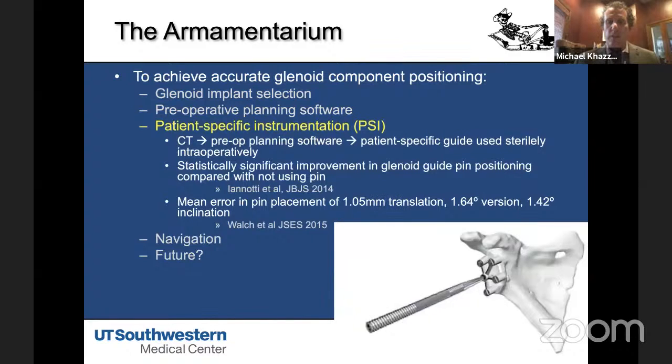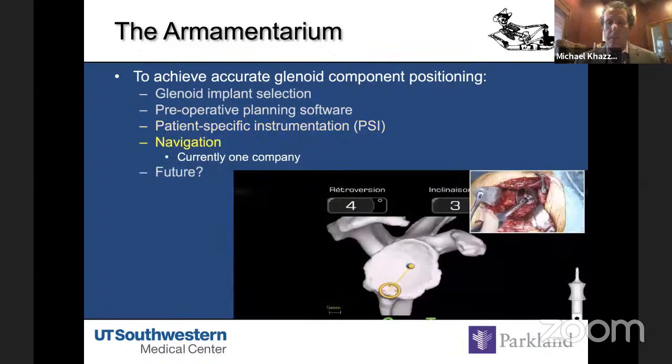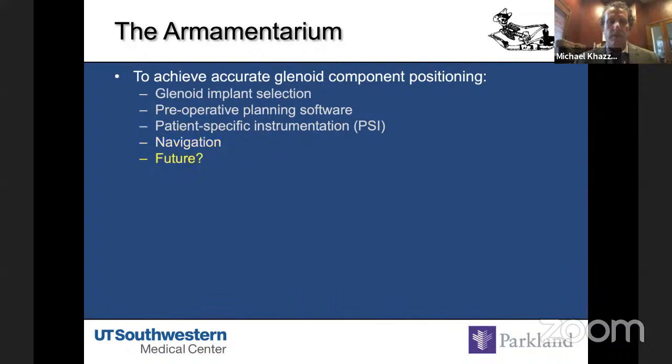Then patient-specific instrumentation. And there's a company that now has navigation, where it gives real-time feedback of pin placement and glenoid placement. And in the future, there's mixed reality, where real-time adjustments can be made in the mixed reality setting.